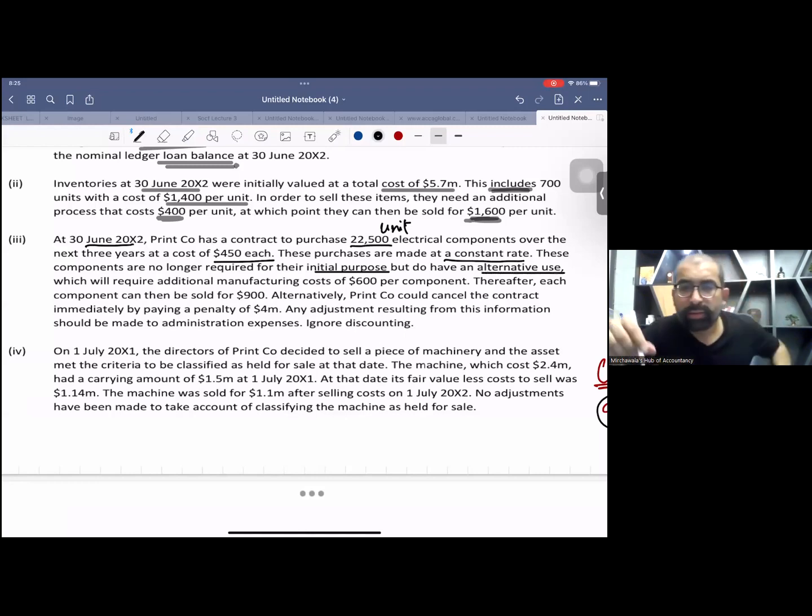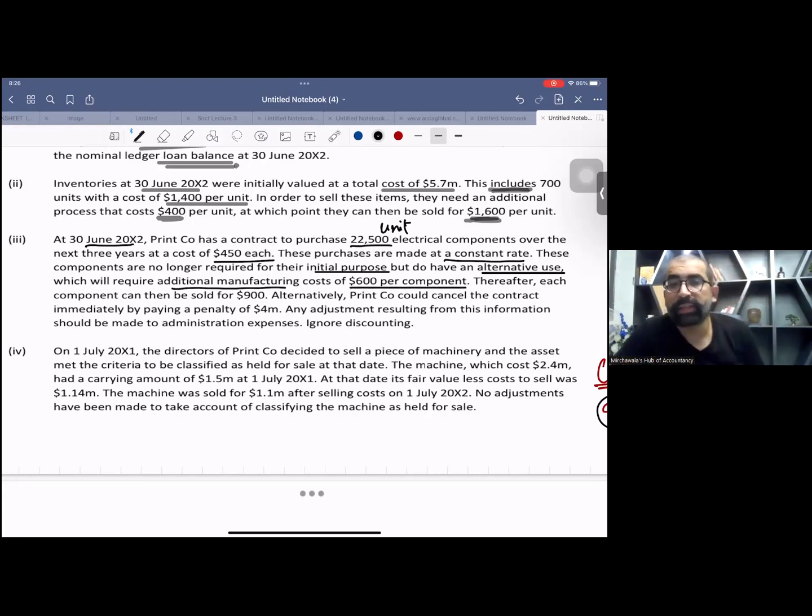Now just think. First of all, my dear student, we signed the agreement. We were expecting that we'd use these units, but suddenly things changed. There is a war going on in different parts of the world, there is climate change, a lot of factors. So now we can't use them for the initial purpose. So let's use them for an alternate purpose, but this requires additional manufacturing cost of 600 per component.